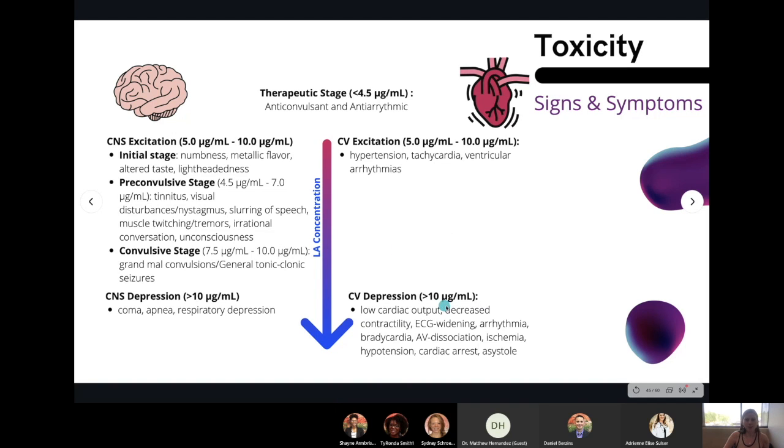It's when you get above 10 micrograms per milliliter that you start having the more severe cardiovascular depression symptoms, which would be low cardiac output, decreased contractility, ECG widening, arrhythmias, bradycardia, AV dissociation, ischemia, hypotension, cardiac arrest, and asystole. So the point of this is that it's really important to know what the initial signs of CNS and cardiovascular excitation are, so that you can catch it early on and prevent these more serious things from happening.